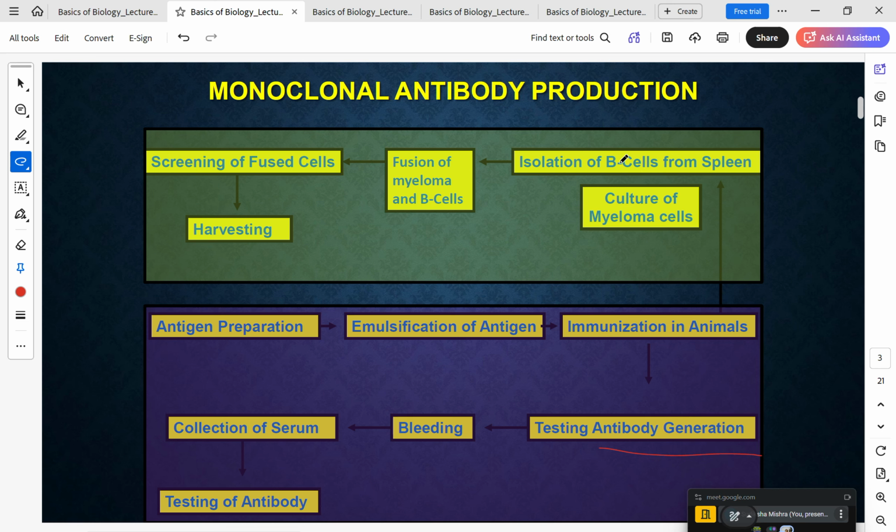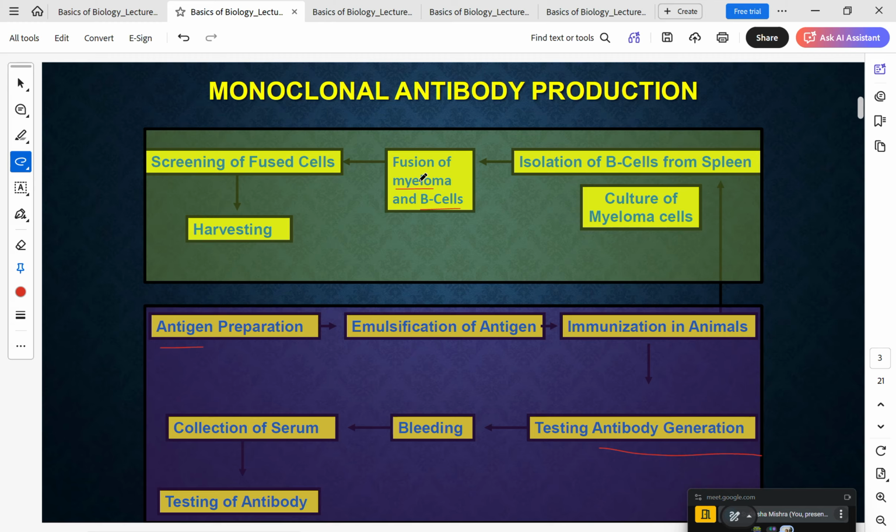You can then use these B cells, which have the memory of this antigen, to create hybridoma lines. A hybridoma is a fusion of a myeloma and a B cell.